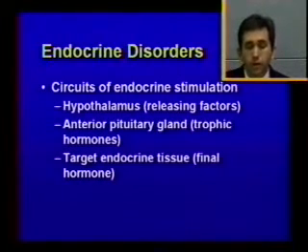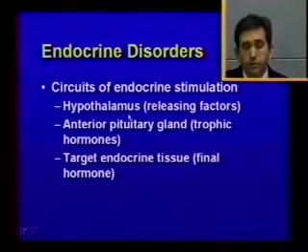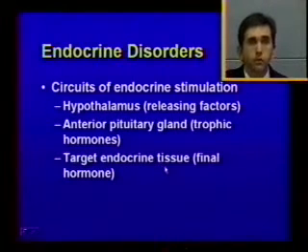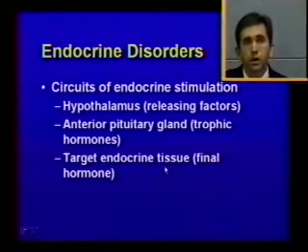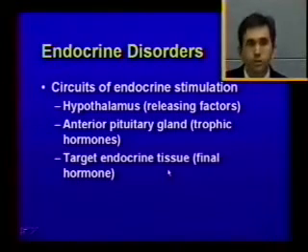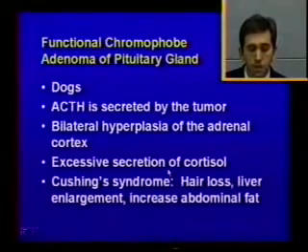You have the release of a factor, in this case from the hypothalamus, called a releasing factor, which stimulates the pituitary gland, the anterior pituitary gland, and that releases a trophic factor, which enters the blood and goes to a target tissue. So there are multiple tissues involved in this cascade effect of the endocrine system. And let me show you an example of that.